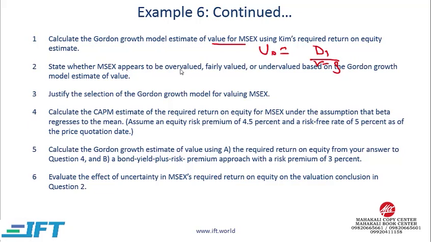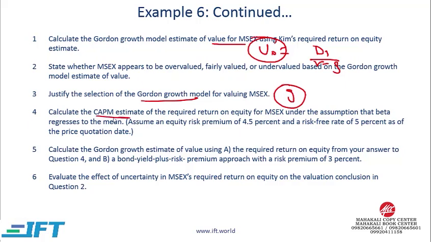You will compare the current market price with what you calculate, and based on that decide whether the stock is overvalued or undervalued. How do you justify the Gordon growth model? You justify this model when you are fairly sure that the growth rate is going to be reasonably stable in the future.